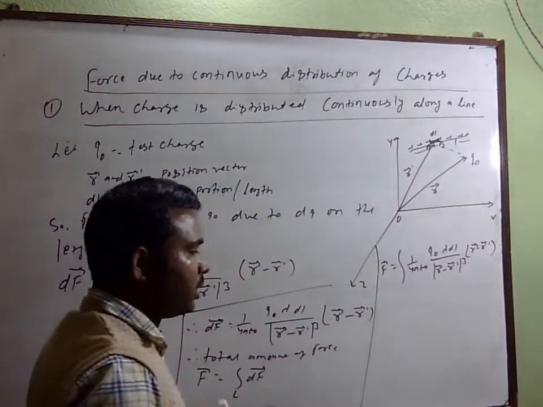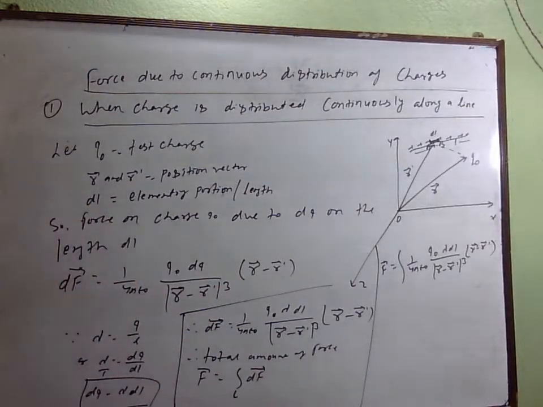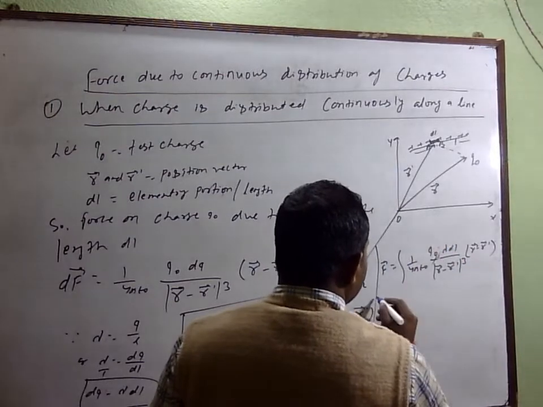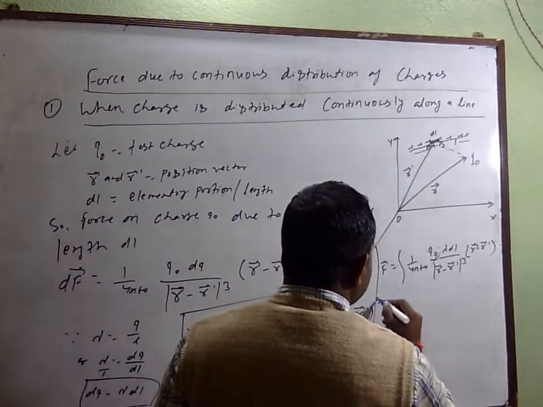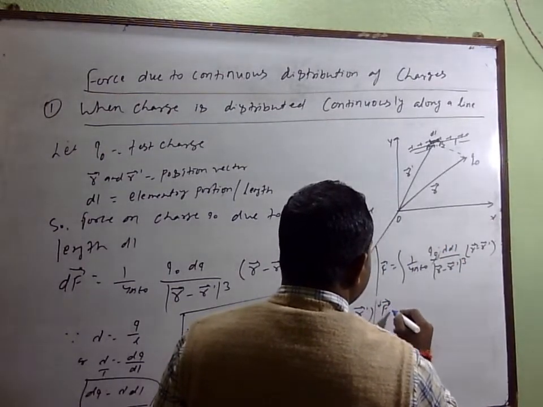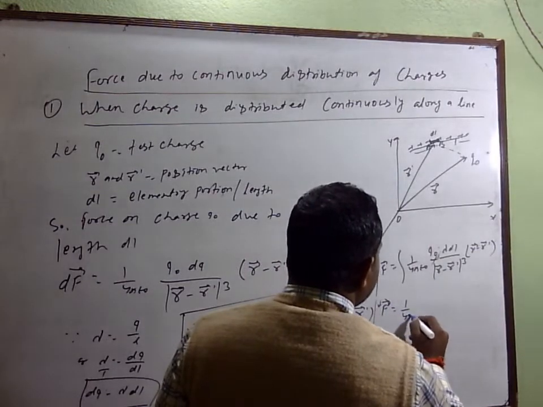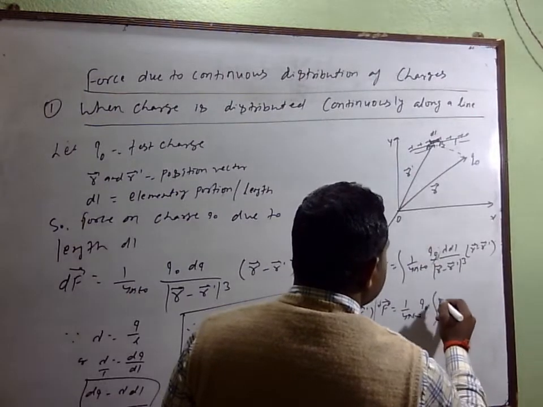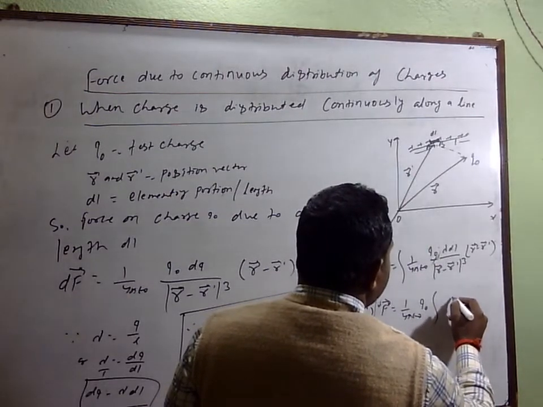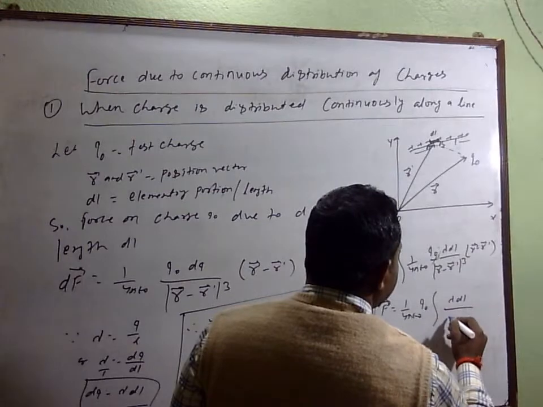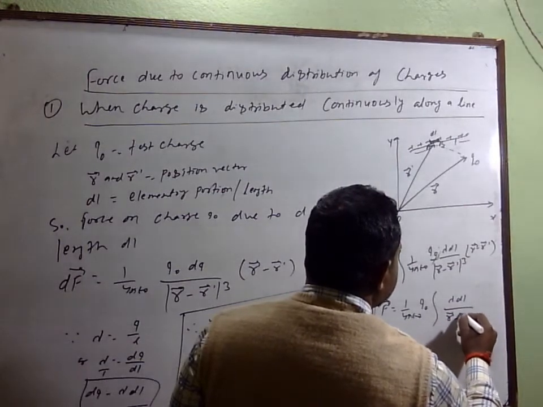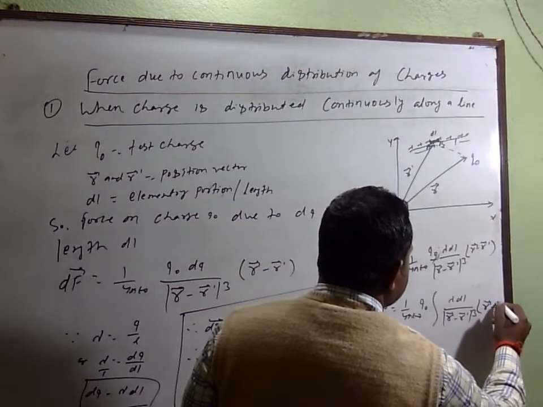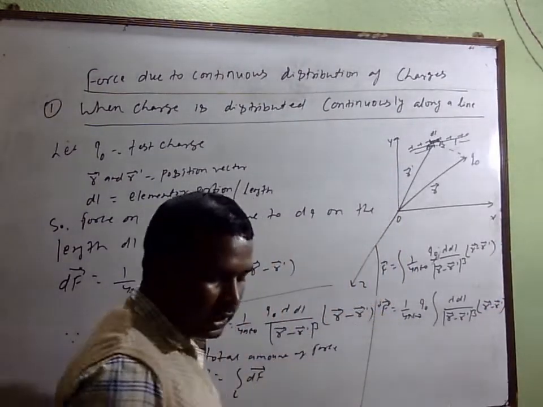The constant q naught you can write outside: vector F equal to 1 by 4 pi epsilon naught q naught integration, and here will be lambda dl divided by mod of vector r minus r dash, and here will be vector r minus r dash.